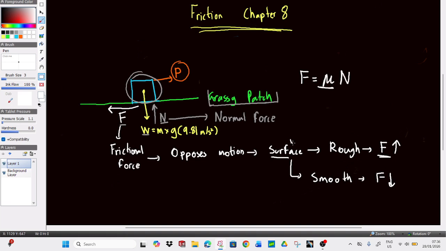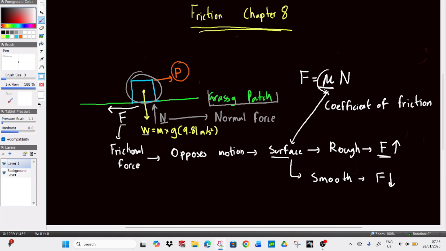This U is related to the surface itself, and we know it as the coefficient of friction. Sorry, not fraction, it's friction.